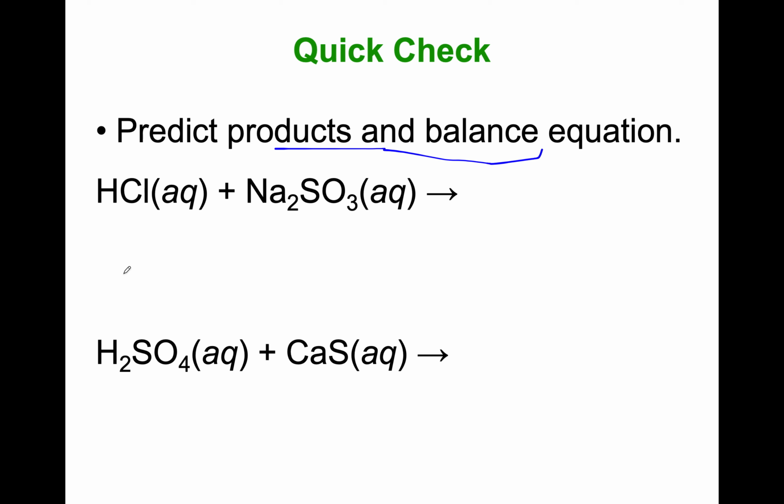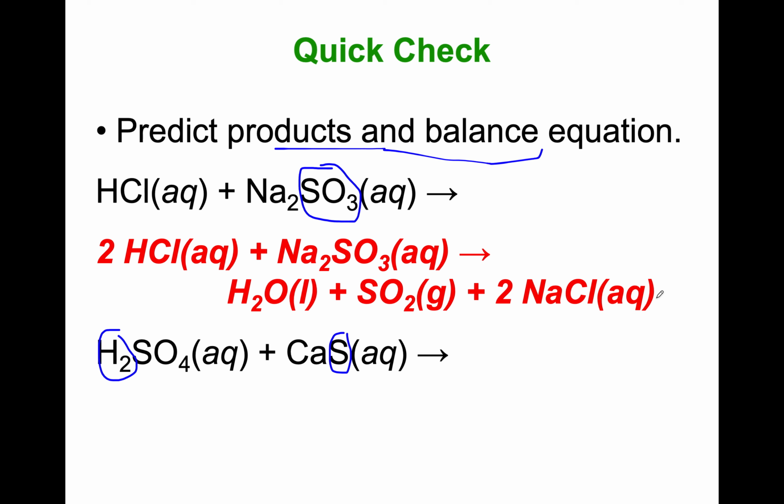Okay, so if we take a look here, SO3, we saw the gas SO2 earlier, so that can come out of there. We saw the gas hydrogen sulfide earlier. So if we can pull those out, so here's the SO2 gas, then you can write the other products based on that. So this is an acid and sodium sulfite.